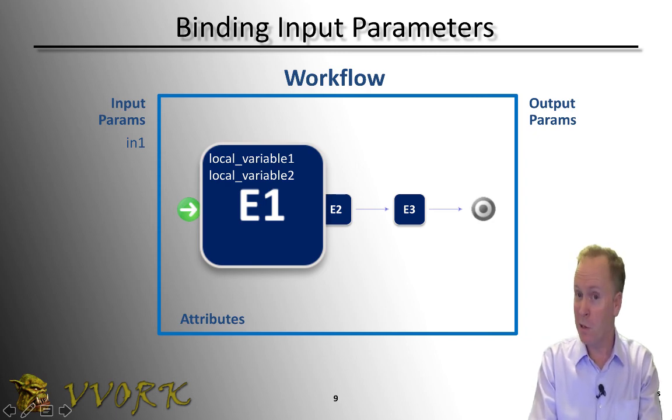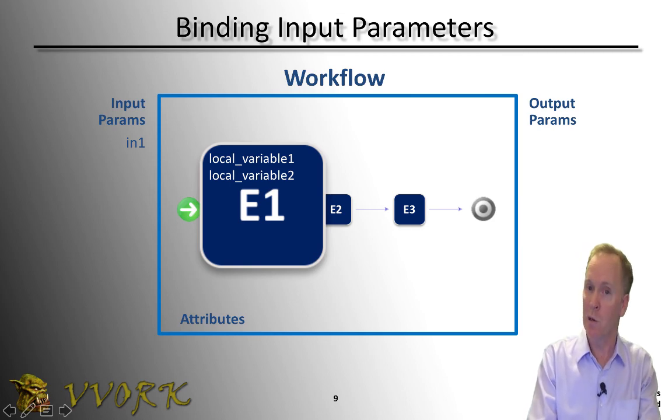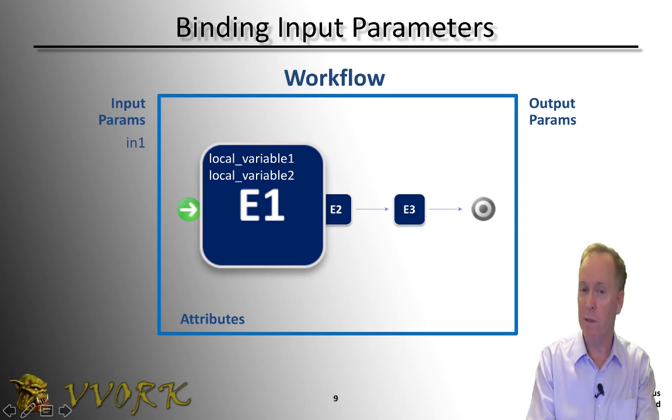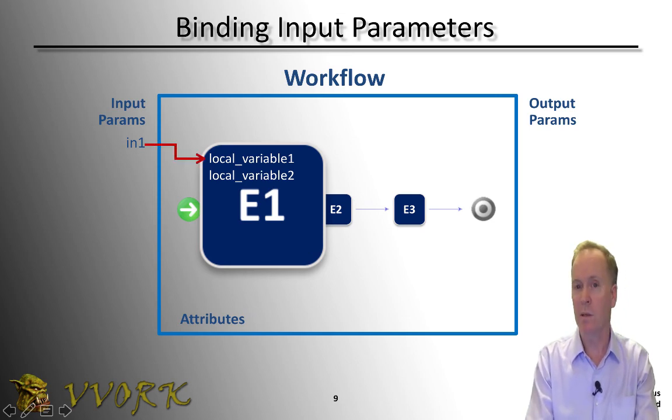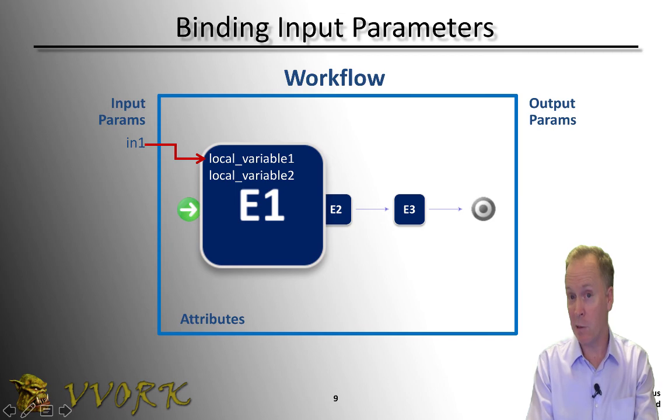Now earlier, when I showed you the red arrow indicating the parameter binding, I drew an arrow from the input parameter of our workflow to the schema element 1. But in reality, what we'd be doing is creating a binding from the input parameter in our workflow, in1, to a variable within the schema element, in this case, E1. Again, looking at the direction of the arrow here, this is an inward binding.